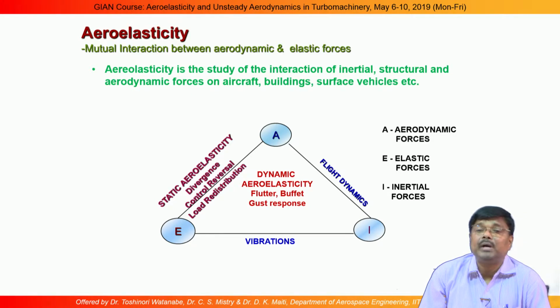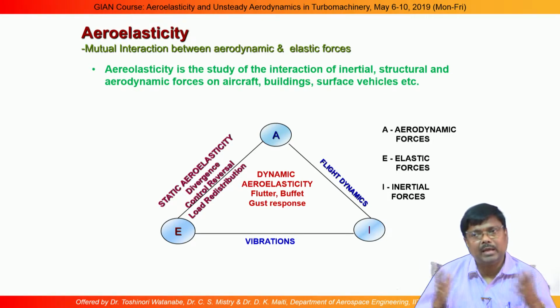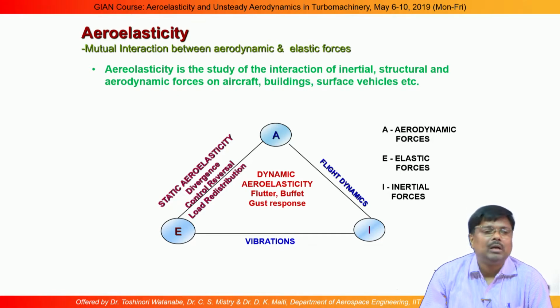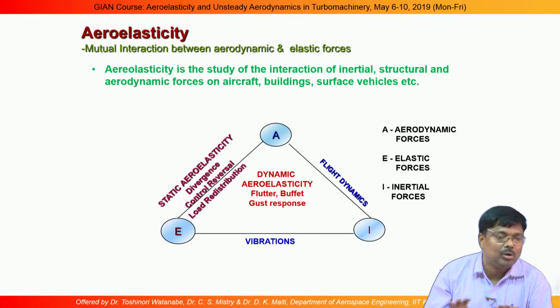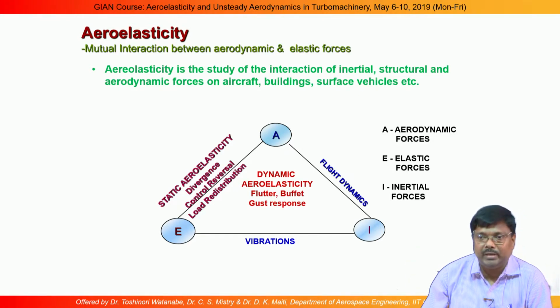Another important part is the gust response. Gust is not a problem for a fighter aircraft, because the aircraft is designed for a very high maneuvering load, whereas when there is a disturbance, obviously the pilot will not go for a high maneuvering condition, they will go for simple 1G level flight.